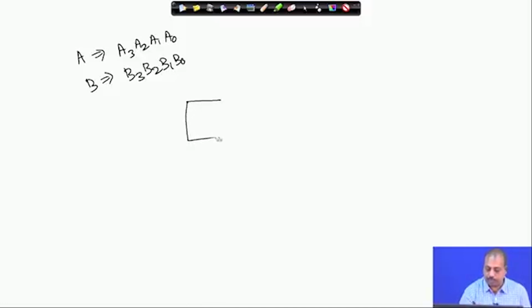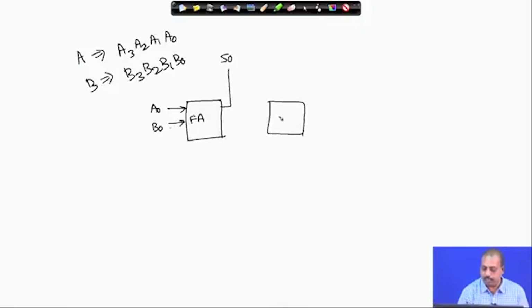The first stage of the full adder can be given the responsibility to add A0 and B0. So, this is a full adder. It will produce a sum which we call the 0 bit of the sum, S0. The next stage of the full adder can add the bits A1 and B1, and accordingly produce the bit S1.